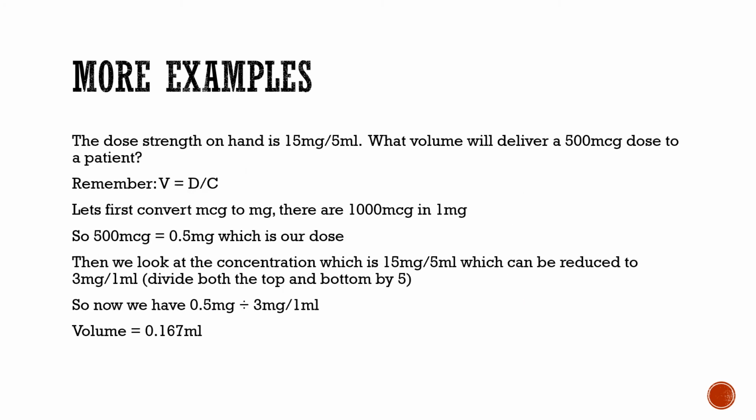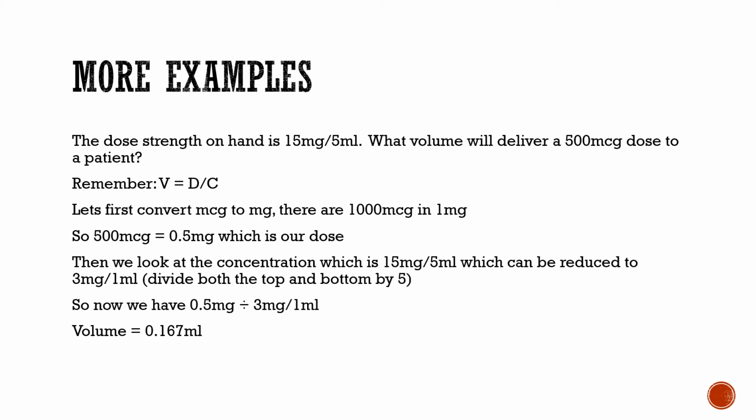All right, almost there. My last page is just basically those different video links. So here is another problem. So we're looking at the dose strength that we have on hand is 5 milligrams per 5 mil.